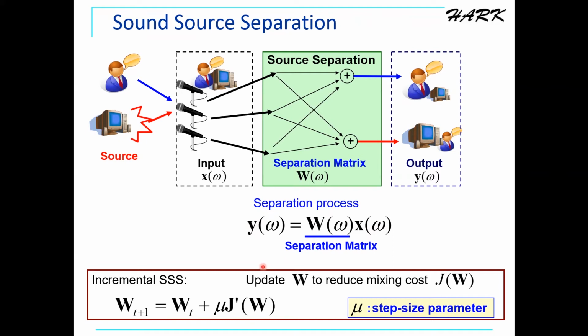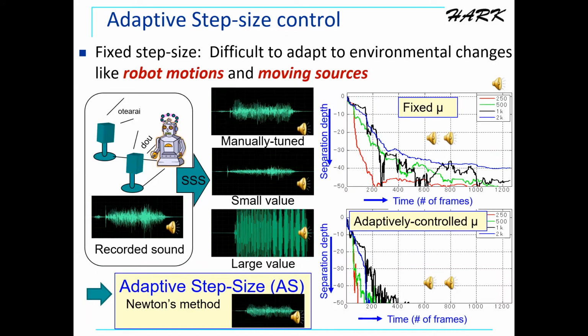In online processing, W should be updated incrementally like this. Here, mu is called the step size parameter, which is usually defined as a fixed value. This means that the step size parameter should be manually tuned.